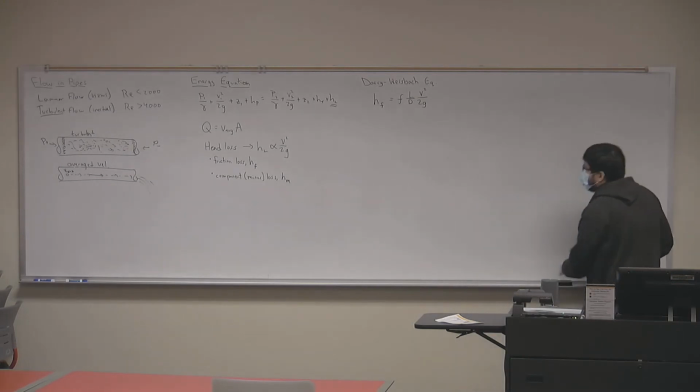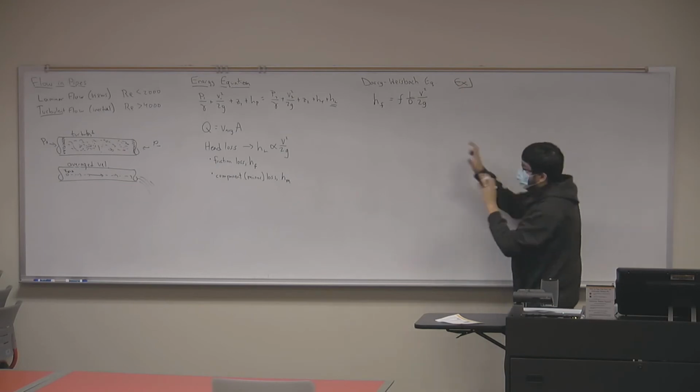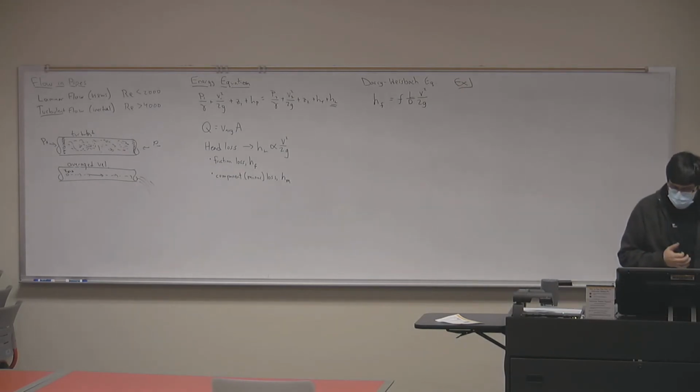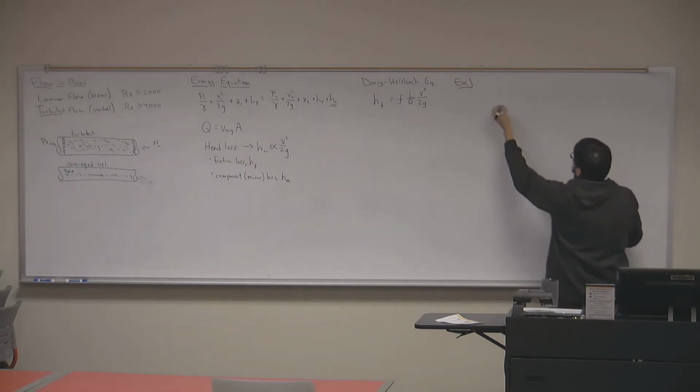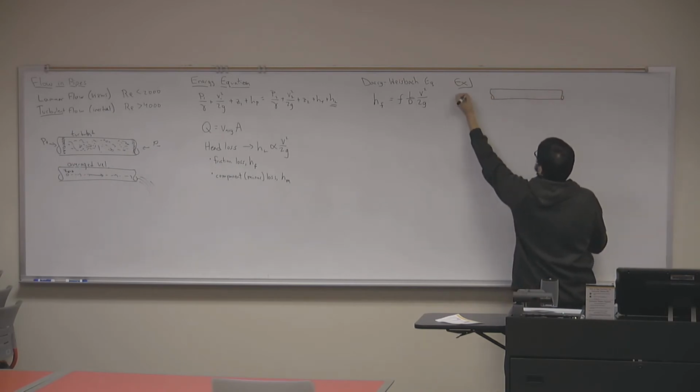This is not going to be a complete example. We're just going to simplify it as much as we can, just so that we can get some practice with these new terms, because I know we're dealing with some new terms in here. Okay? Let's say we have a horizontal pipe. This is a horizontal pipe.